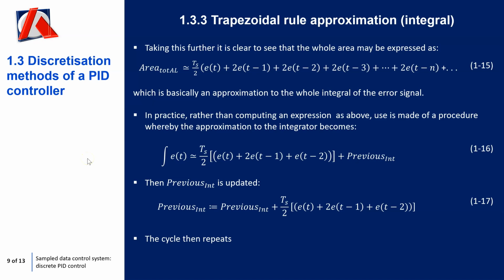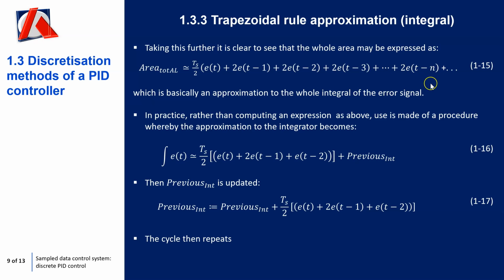So based on what you've just seen, if we take this a step further, imagine that we've got a sample interval of maybe 0.1 seconds, and we're continually taking samples, so there's continual past information, and we've got areas of trapezoids being measured. Well, the formula would look like this. You can see up to this point it's for the current and the past three measured values.